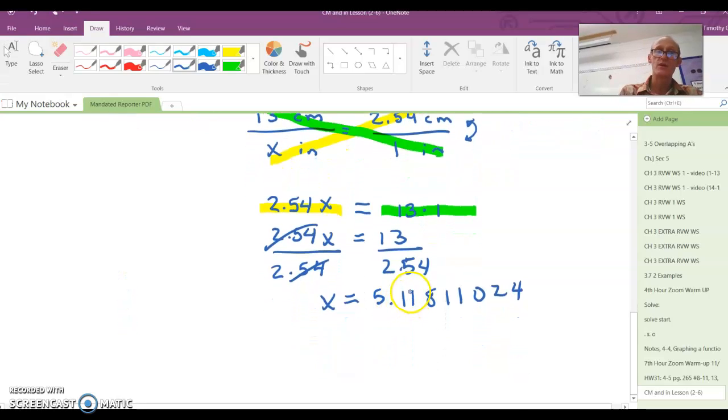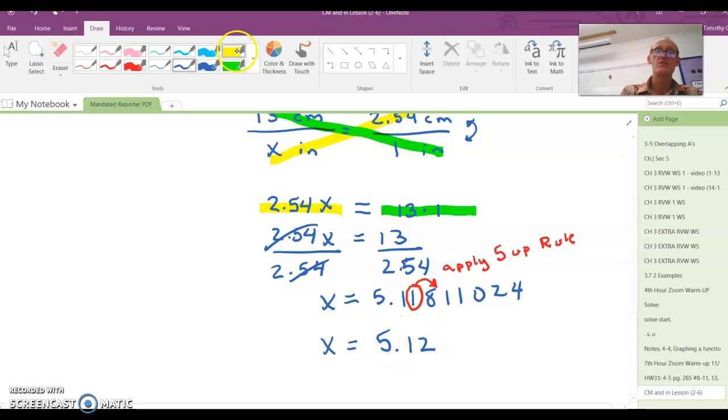We'll just go to 2 decimal places. Now we apply the 5-up rule, and x equals 5.12.